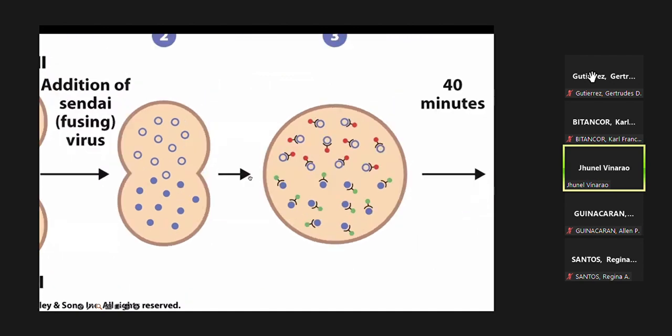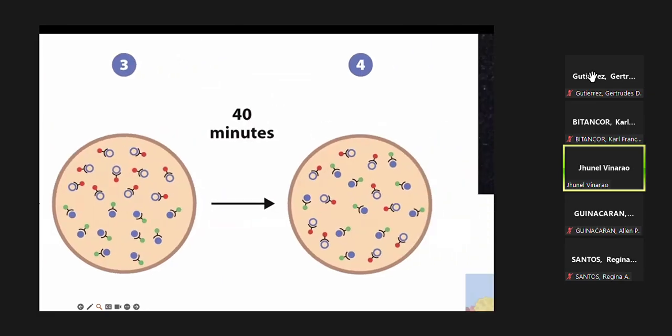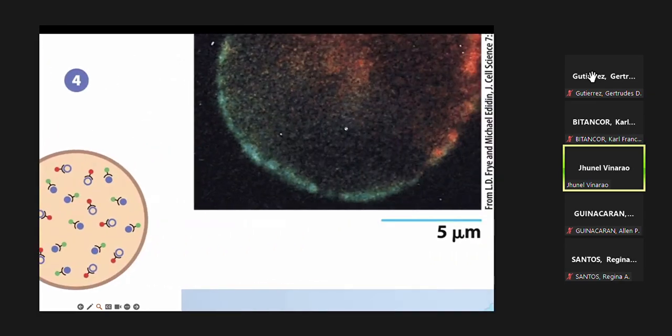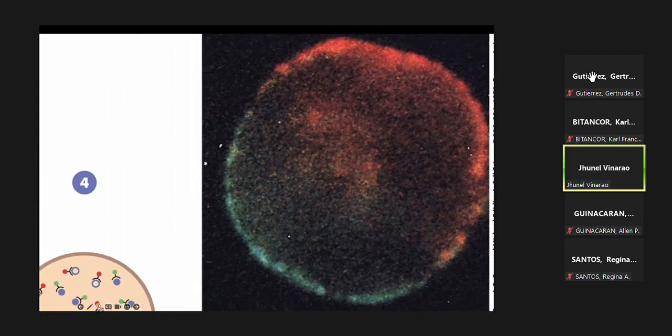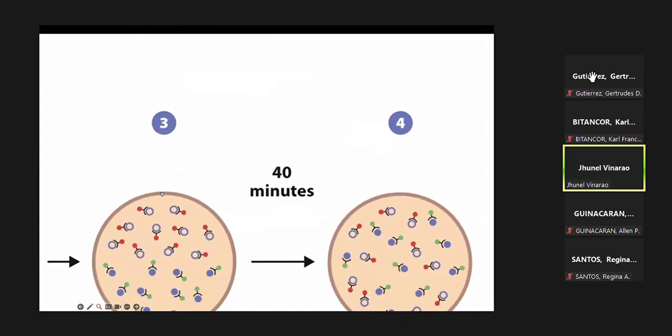And this can be best visualized using this. So there are red and there are blue. Meaning, the merging of the mouse cell and the human cell is ongoing. And this coloration was done because of ELISA.